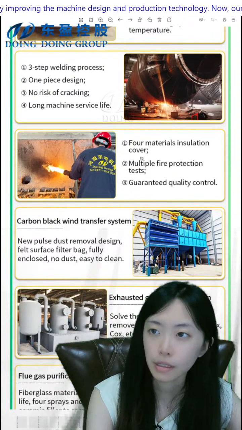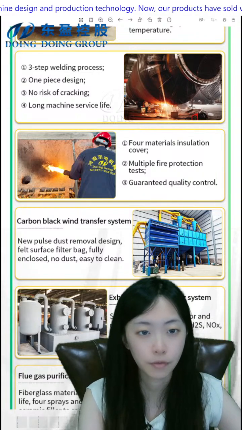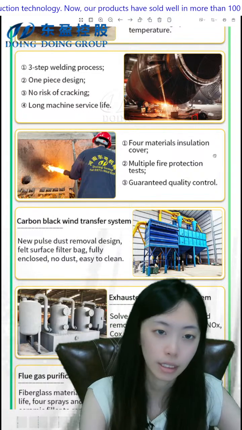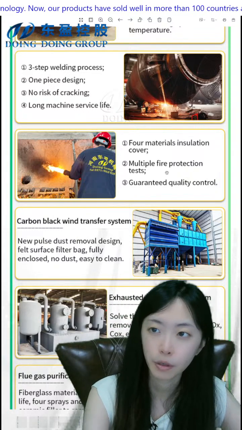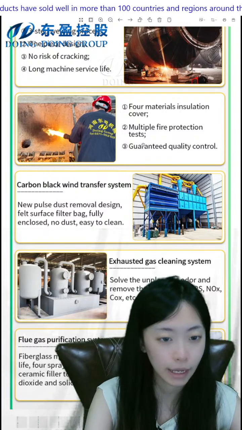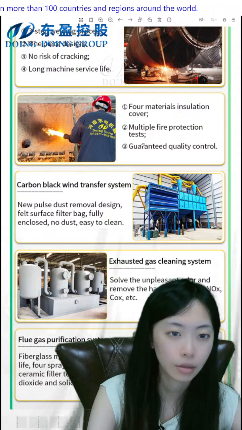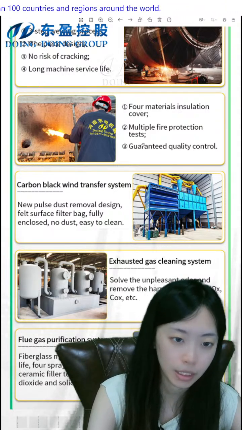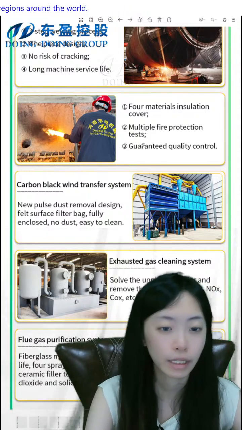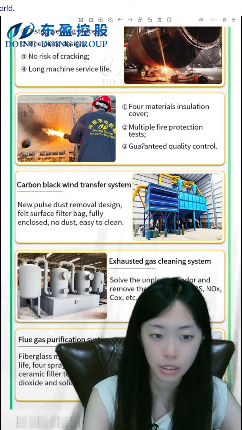For the materials installation cover, now we change the design. If you have the fully continuous one, it has 6 material installation covers. Multiple fire protection tests: when we install the carbon black equipment, we will have some tests to protect and ensure it can run frequently. And this is our engineers' work.